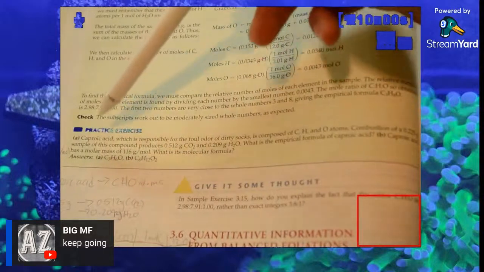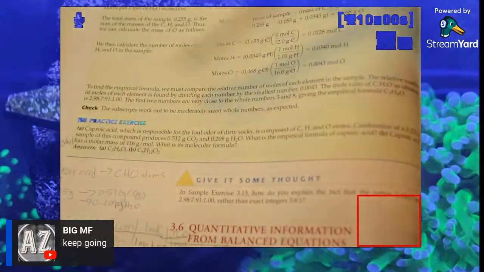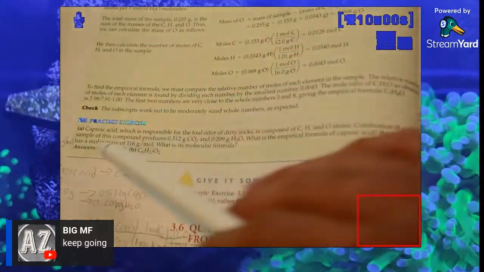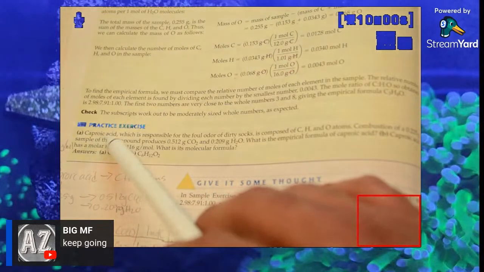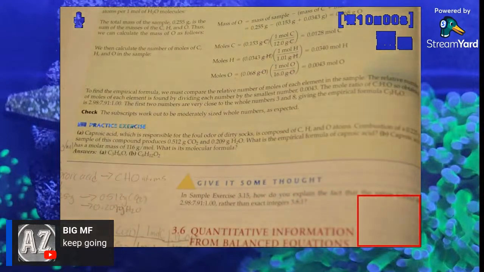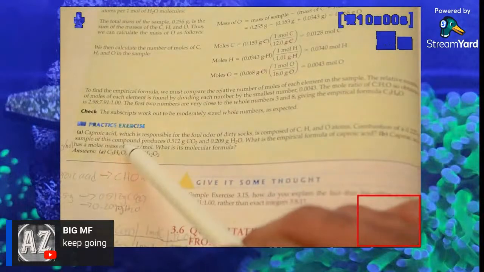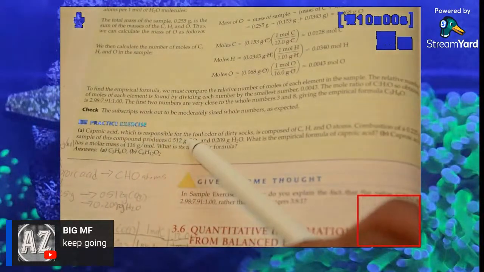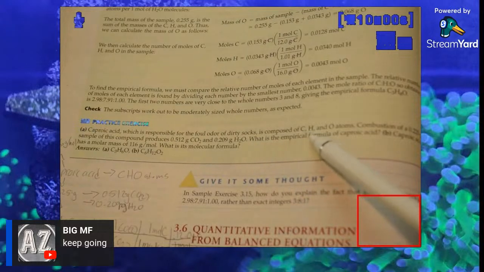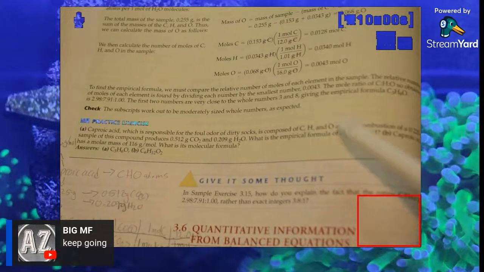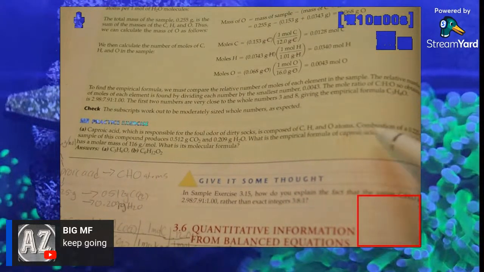So next up, practice exercise. Caproic acid, which is responsible for foul odor in dirty socks, is composed of C, H, and O: carbon, hydrogen, and oxygen atoms.